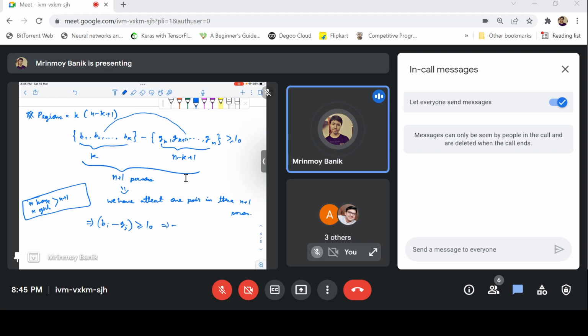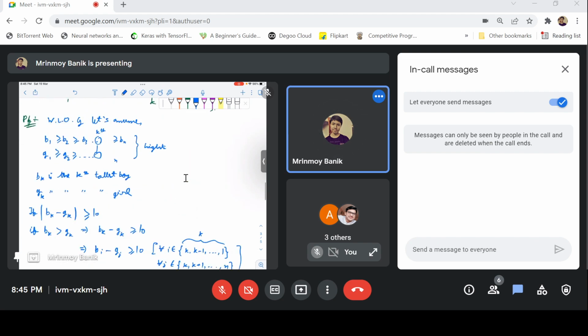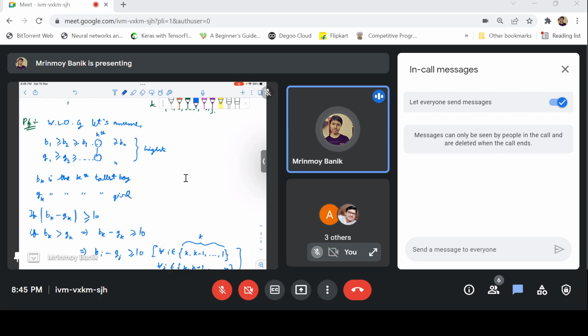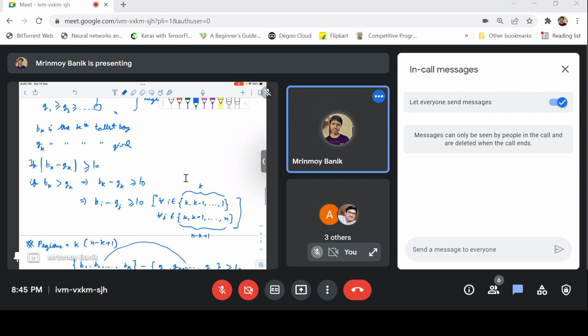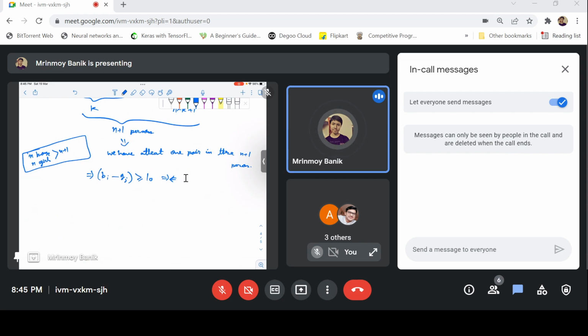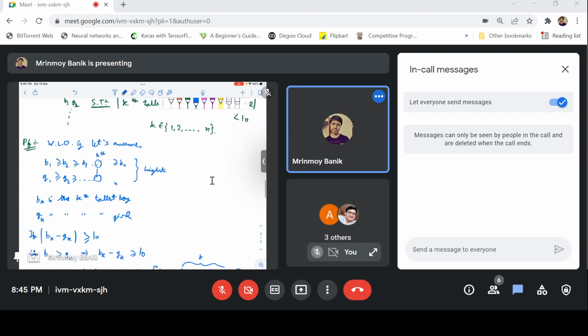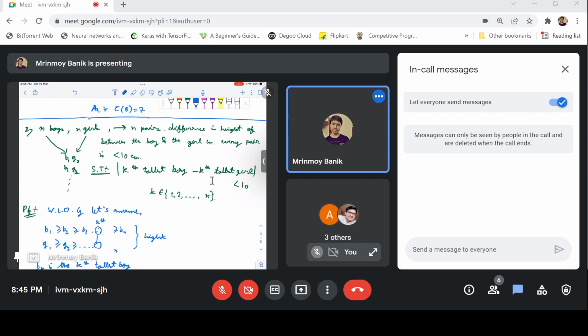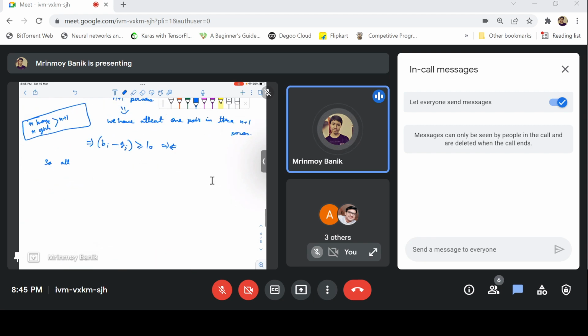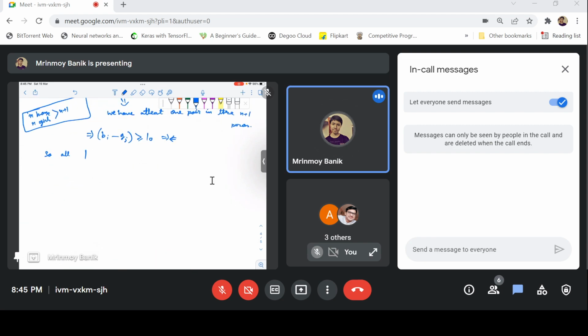That's a contradiction, since we assumed that in all the pairs, all the height differences were strictly less than 10. So that proves that the kth tallest boy and the kth tallest girl have heights differing by less than 10 centimeters.